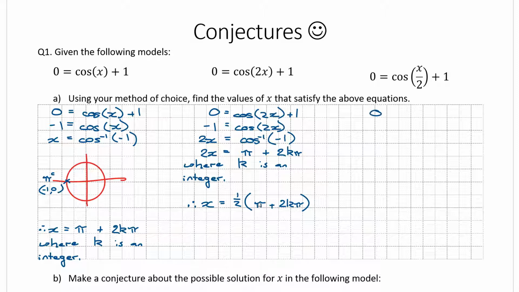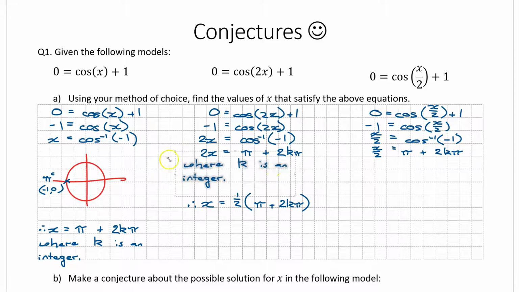Now for model 3, 0 equals cosine of x over 2 plus 1, rearranging, negative 1 equals cosine x over 2, taking the inverse cosine once again, we're going to get inverse cosine of negative 1, and using the unit circle on the far left, x over 2 is equal to pi, and then we remember to go plus 2k pi because we're looking for all solutions and it is infinite.